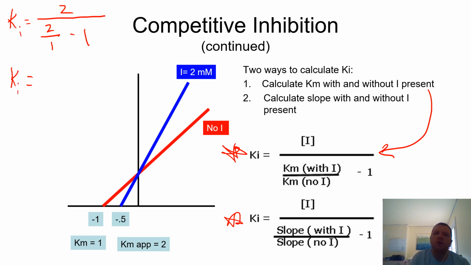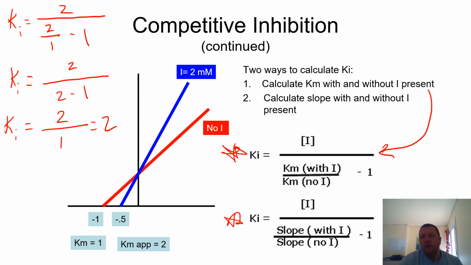So that's 2 divided by 1 minus 1. 2 divided by 1 is 2, so effectively we're looking at 2 over 2 minus 1. So that Ki ultimately is equal to 2 over 1, or 2. Okay, so that's all there is to calculating the Ki of a competitive inhibitor. Hope this was helpful. Thank you very much for watching.